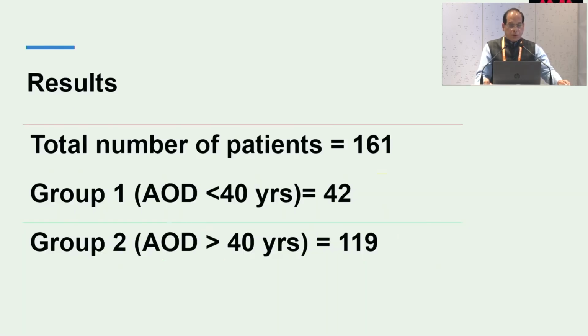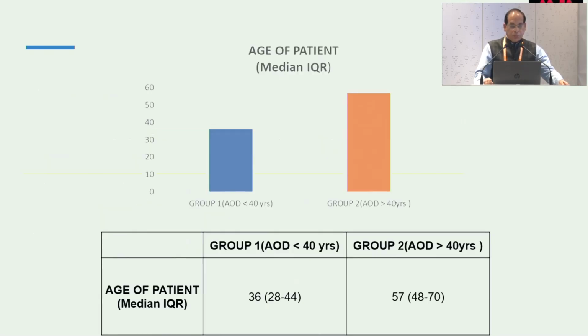The total number of patients was 161: 42 in group 1 and 119 in group 2. The median age was 36 in group 1 and 57 in group 2.